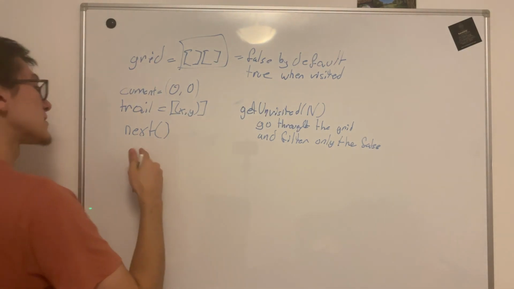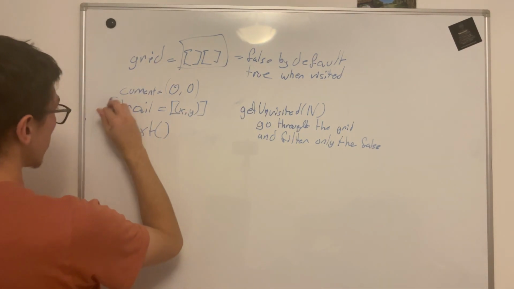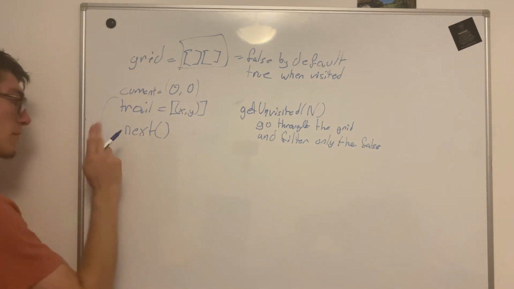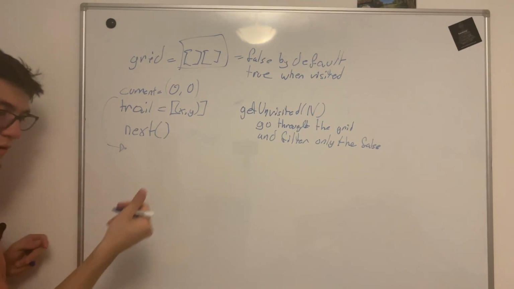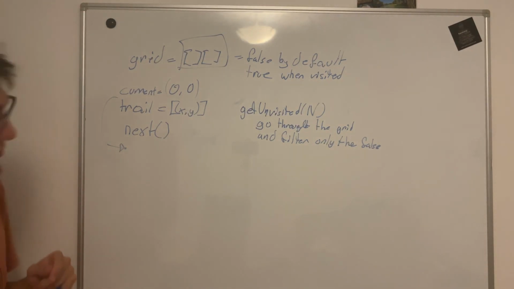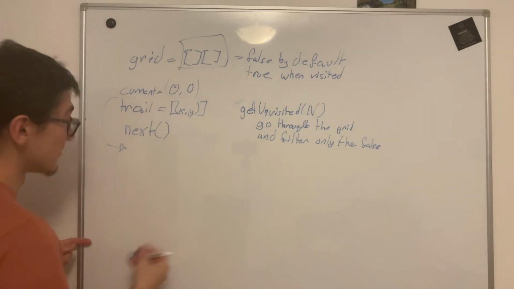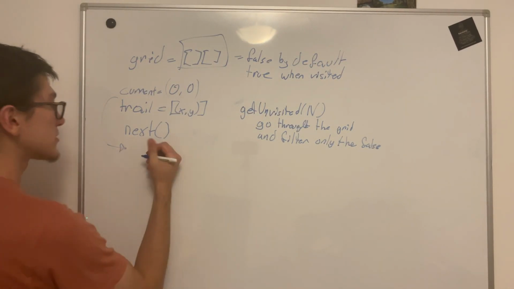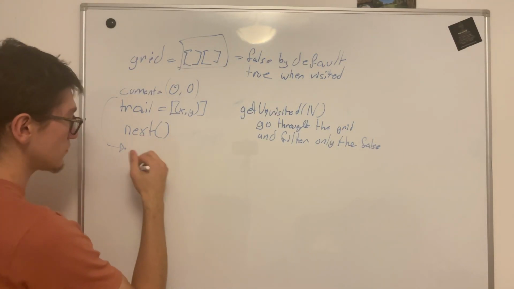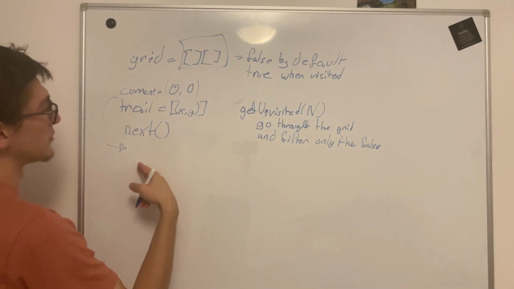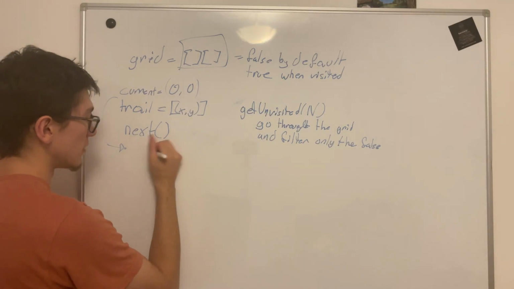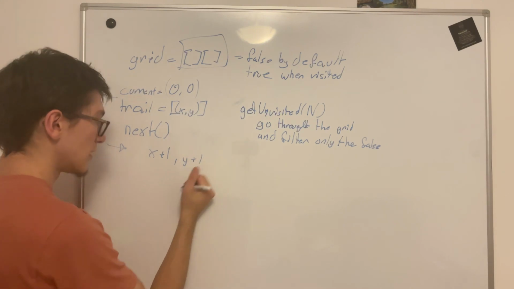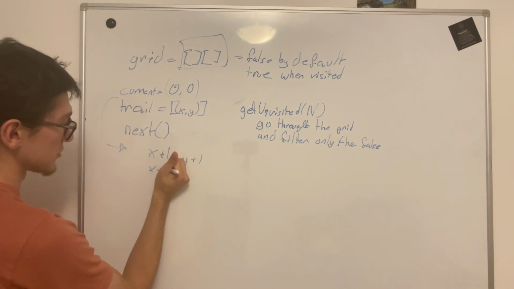All right, so next, it knows the current value, right? Let me draw a better arrow over here. Need to find a better marker. This one's getting a bit dry. Well, they're dry markers, but you know what I'm saying. All right, so next we need to get the neighbors. We could do it just manually. It's just going to be x plus 1 and y plus 1 and x minus 1, and so on and so forth.